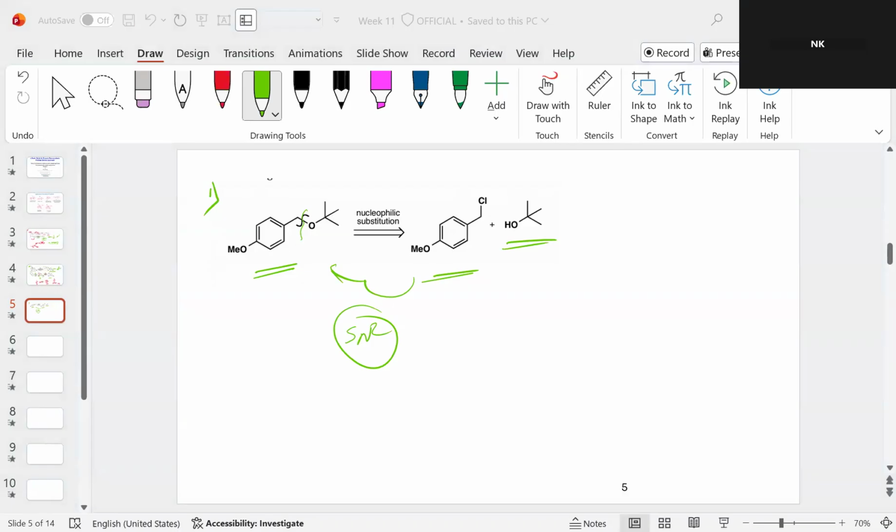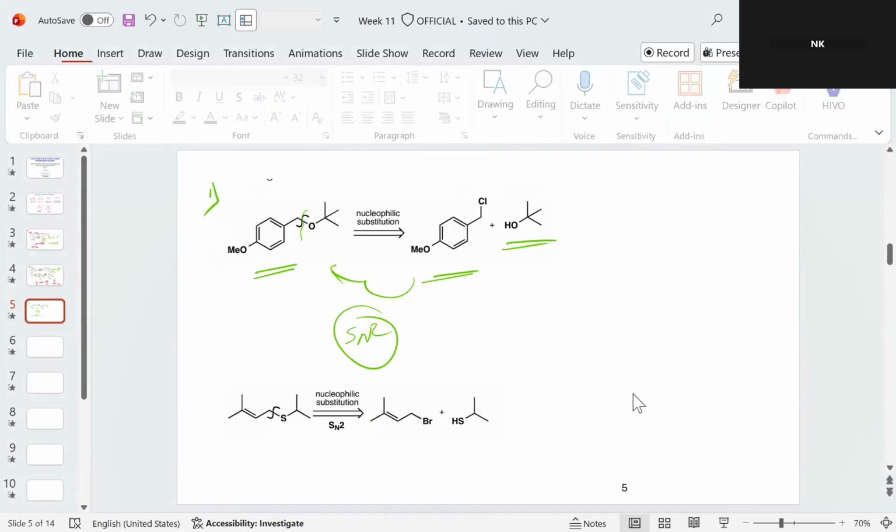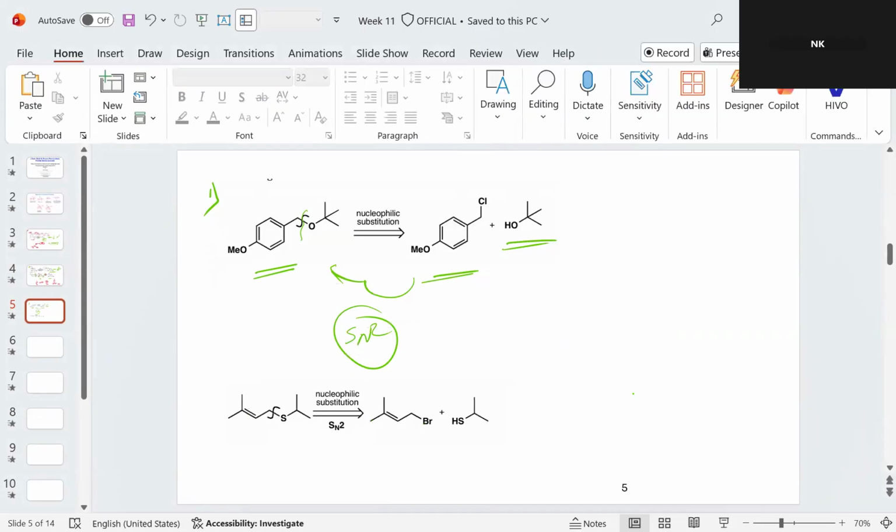Then we have here a very similar example. So here you can see this is the target material.